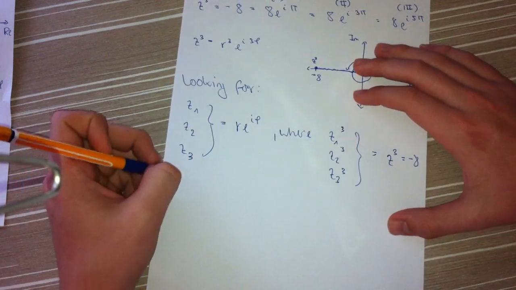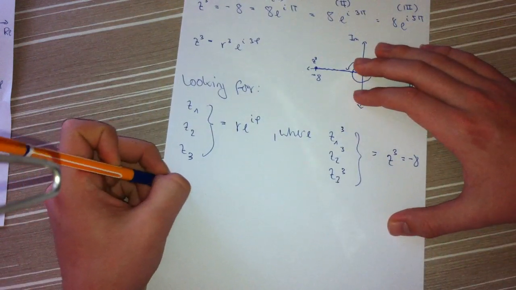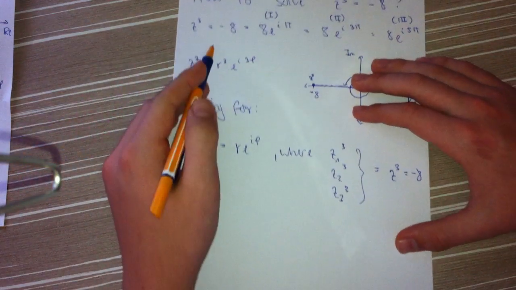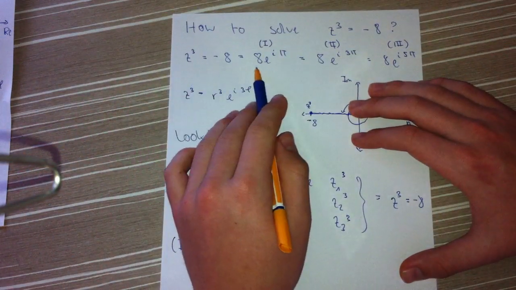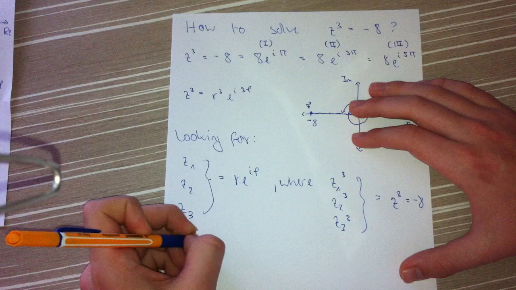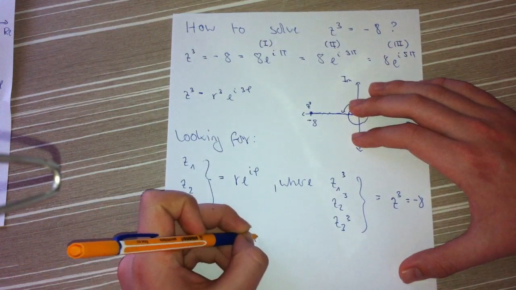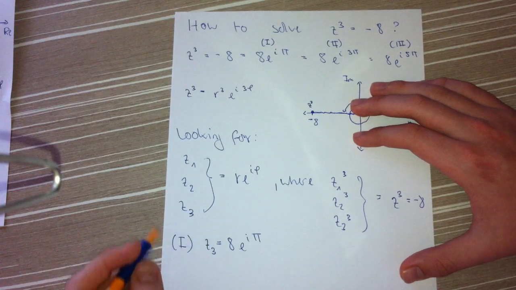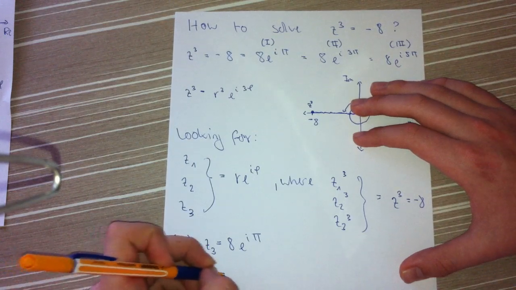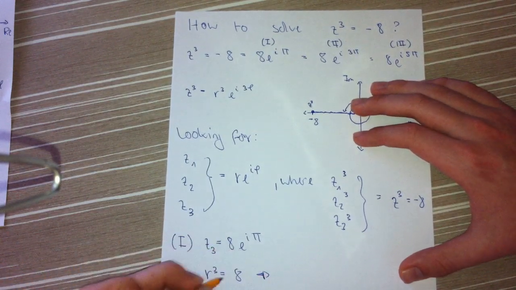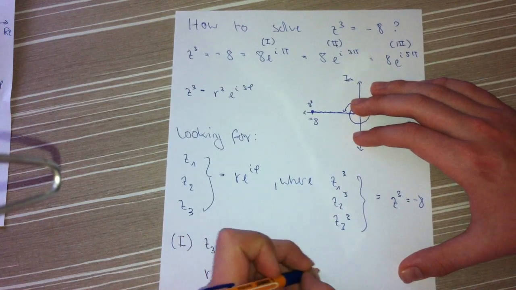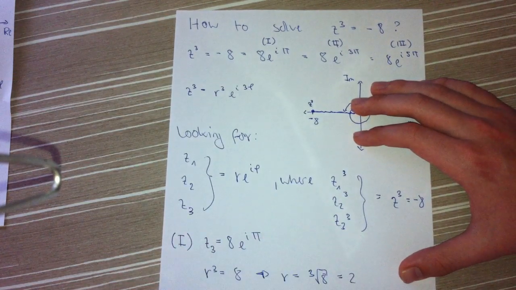So let's start off with the first solution. We use z to the 3 equals 8 times e^(i pi). And now we know that r to the 3 equals 8, which means that r equals the third root of 8, which equals 2.